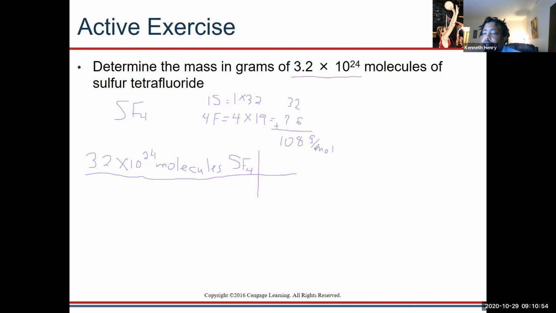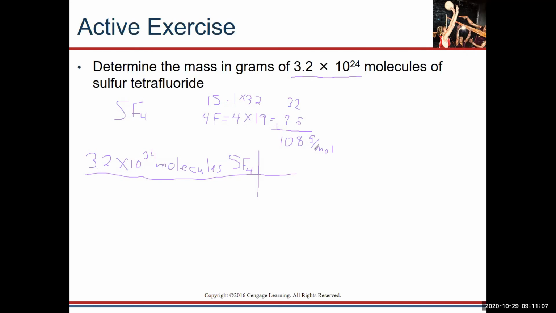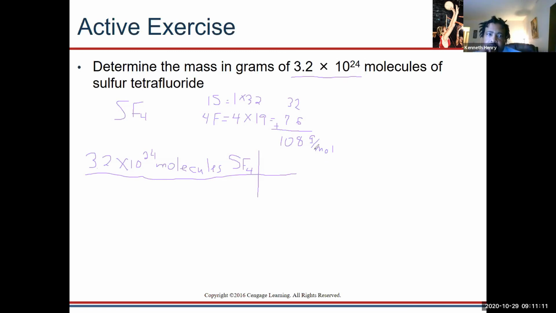A mole could also be an atom, or a shoe. It's kind of like a dozen. It just represents a quantity.